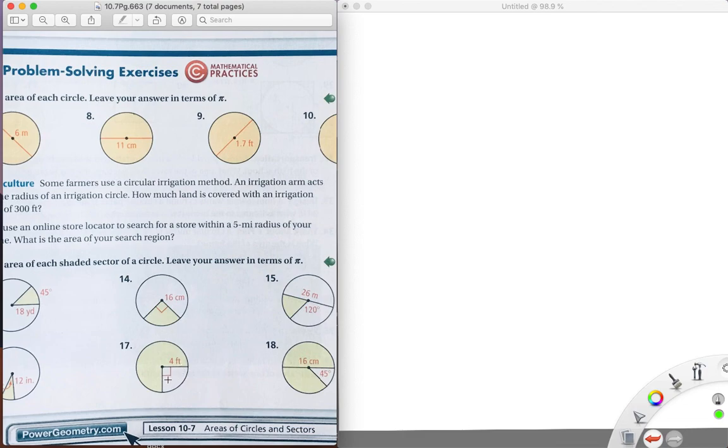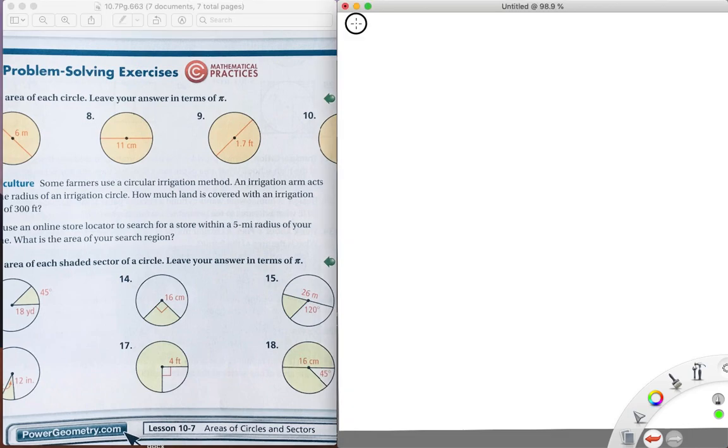So the small region has a degree of 90. So in order for me to find the bigger region, I know that a full circle is 360 degrees. They give me part of the circle, right? This part of the circle is 90 degrees.